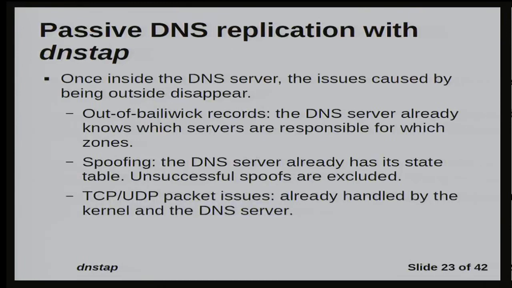And the various TCP/UDP reconstruction issues are already completely handled by the kernel and the DNS server, and we're just duplicating the already reassembled DNS messages, so we completely avoid having to implement any of those IDS-style reconstruction algorithms.